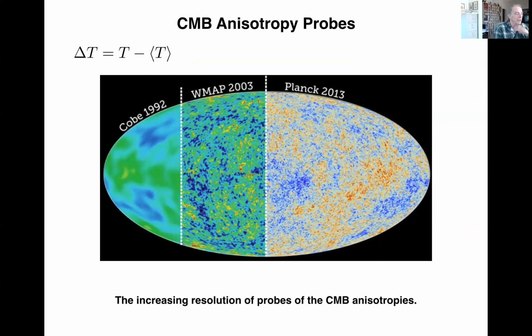This compares the COBE 1992 experiment with WMAP and ultimately the Planck. The Planck gave us the highest resolution of the CMB anisotropies.